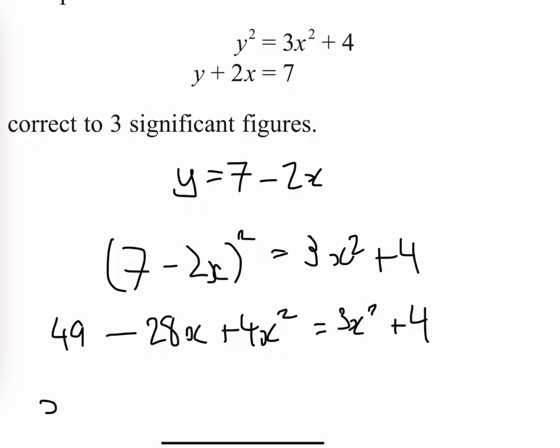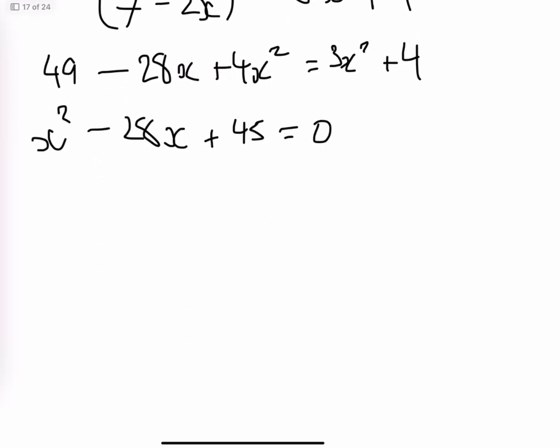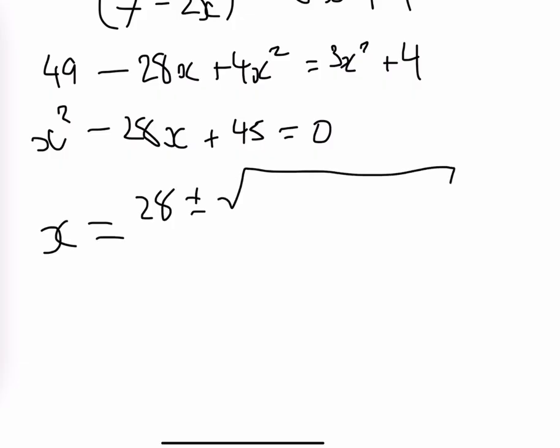x squared minus 28x plus 45 equals 0. I can't immediately see what that's going to factorise to, so we're going to use the quadratic formula. x equals minus b plus or minus the square root of b squared minus 4ac all over 2a.